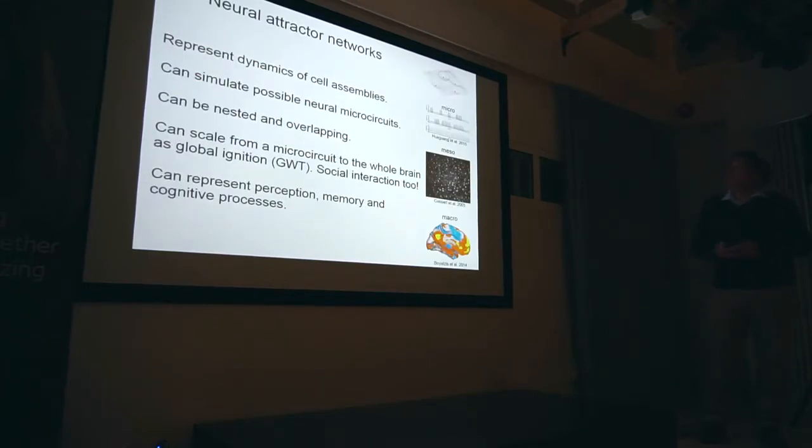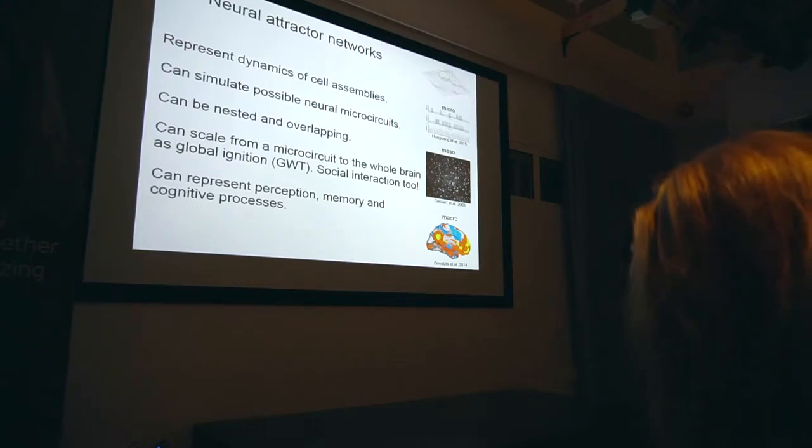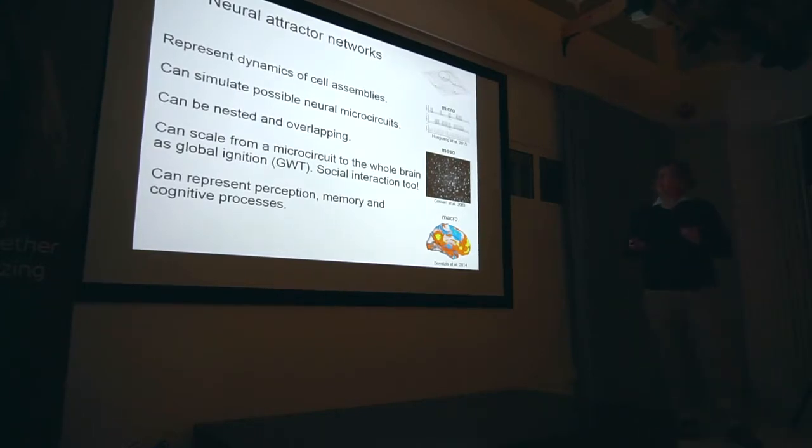So what are neural attractor networks? A neural attractor is a non-linear dynamical system from dynamical systems theory. It can define a surface where the dynamics can go into a surface with lower energy, for example.